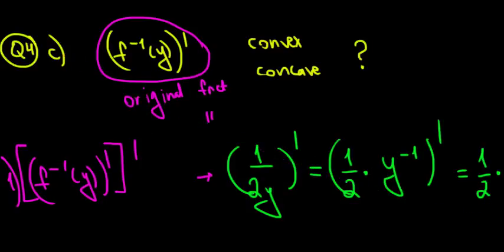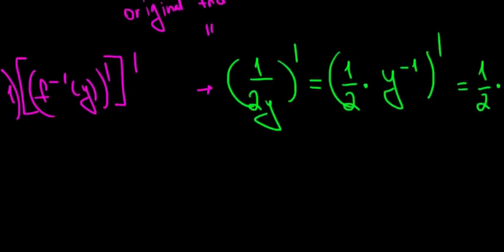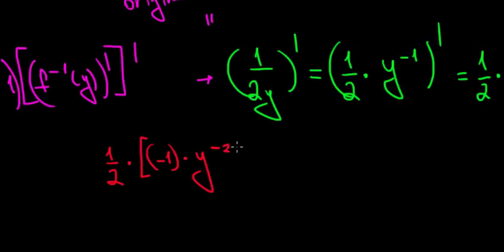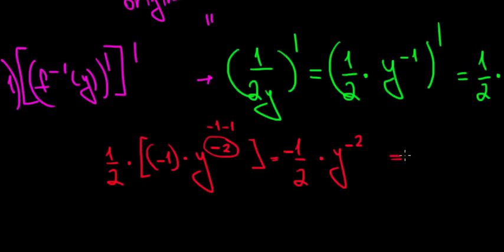We use the power rule and we bring the minus 1 down. So we have 1 over 2 stays constant times minus 1 comes down, multiplied with y to the power of minus 2, because it's the power rule, and that's equal to the negative 1 makes it into a minus 1 over 2 times y to the power of minus 2, which is the same as minus 1 over 2y squared, because y to the power minus 2 can be written as a fraction.